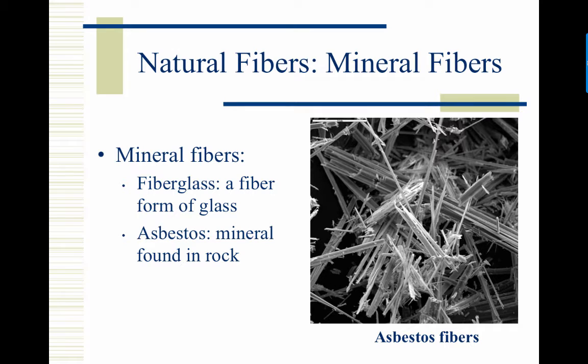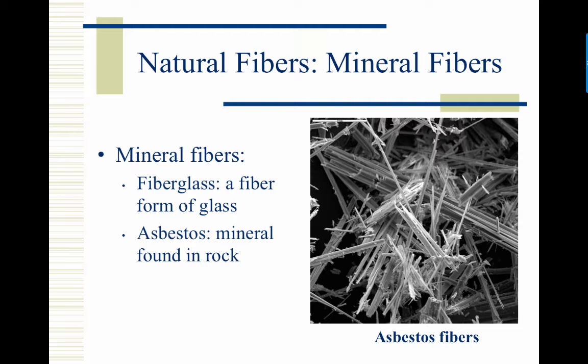Mineral fibers come from the earth, and fiberglass is actually, as the name suggests, a fiber form of glass. Asbestos fibers are mineral fibers that are found in rock. Fiberglass is used for insulation in building.